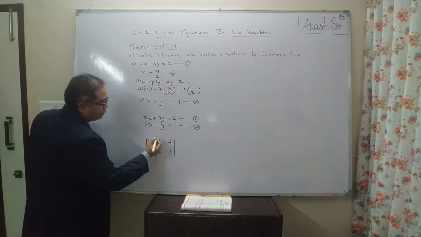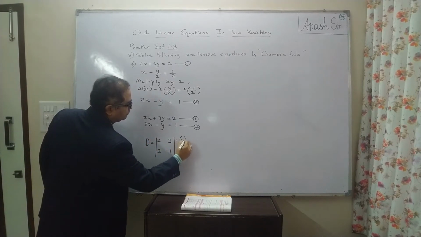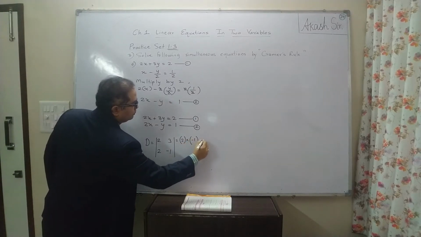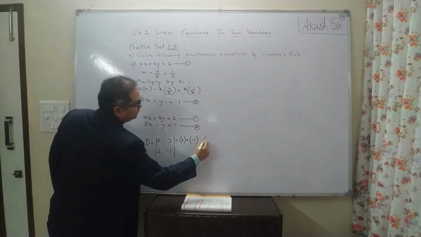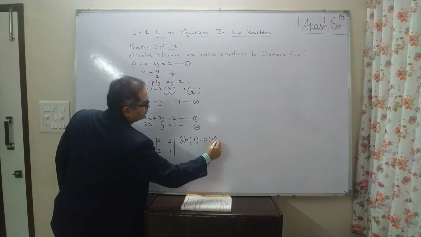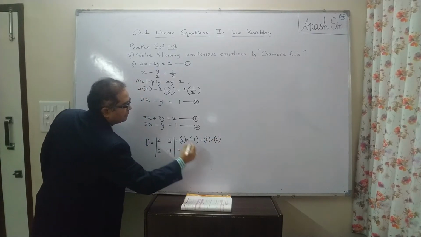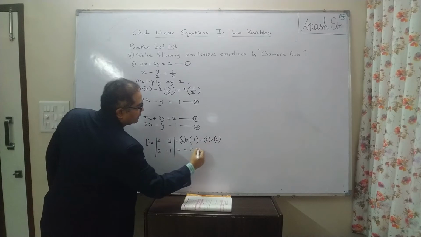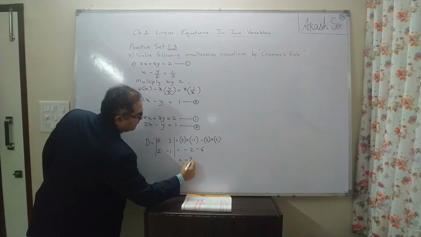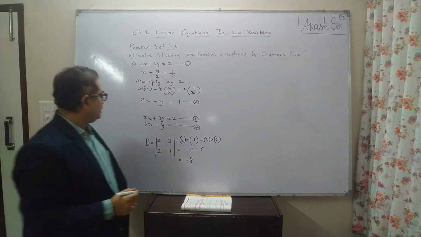Cross multiply: 2 into minus 1 minus 3 into 2. 2 into minus 1 is minus 2. 3 2s are 6. So minus 2 and minus 6 addition is minus 8.